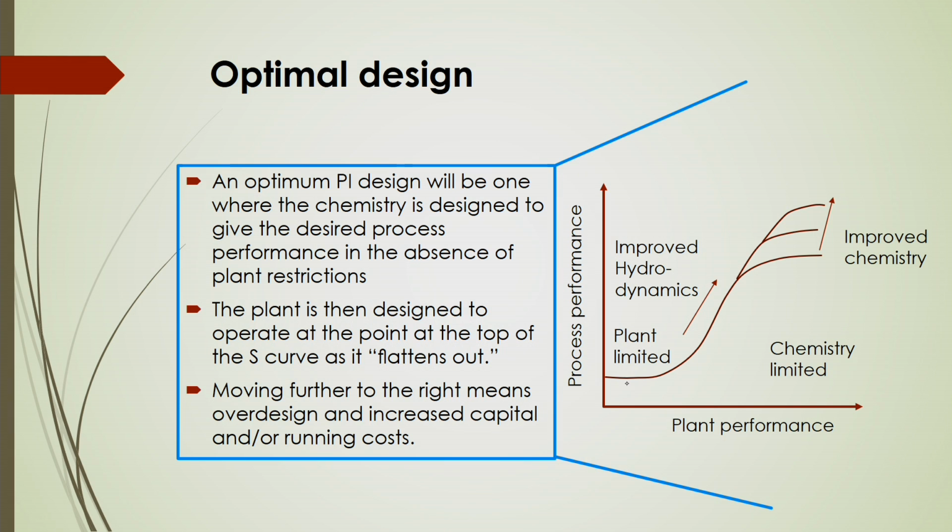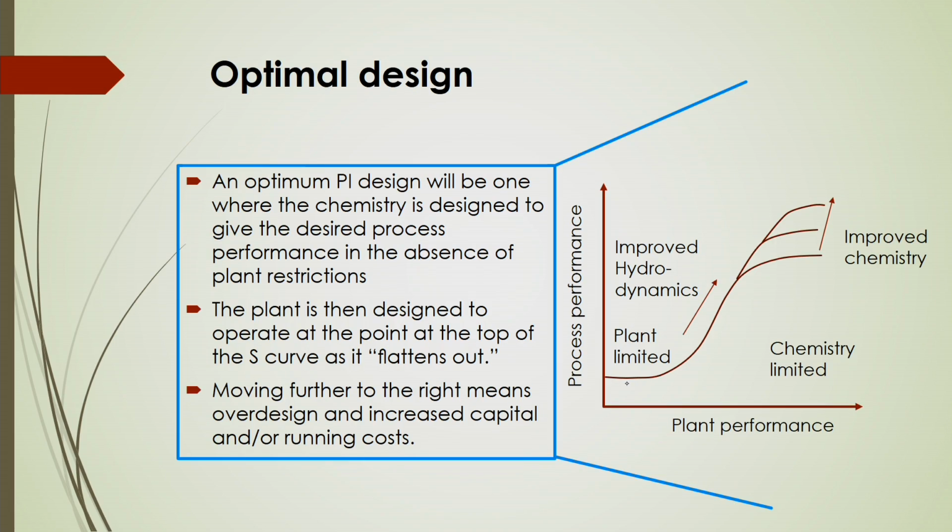Also, improved chemistry, like you have to synthesize the materials in such a way that less hazardous materials are produced. That is why plant performance and process performance are interrelated. Process performance will be directly related to plant performance based on hydrodynamics, plant policy, chemistry and other operating variables.